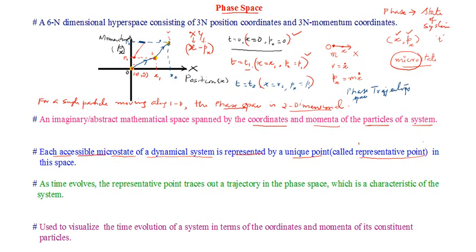The imaginary curve obtained by connecting the representative points of a system in the phase space is known as the phase space trajectory. One word of caution: even though we are using the word trajectory, this trajectory is not directly connected with the actual physical trajectory of the system.